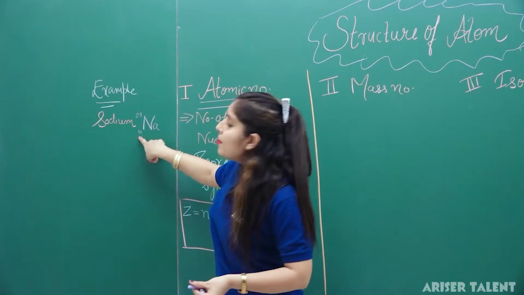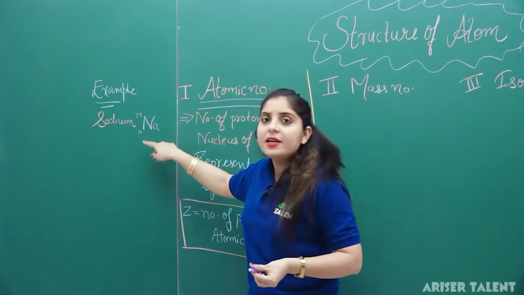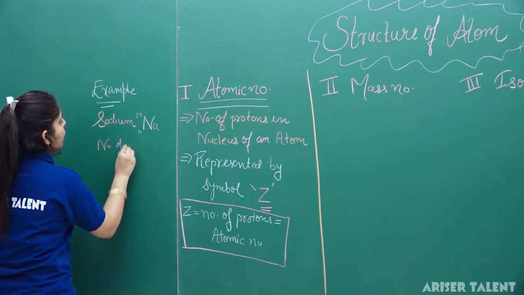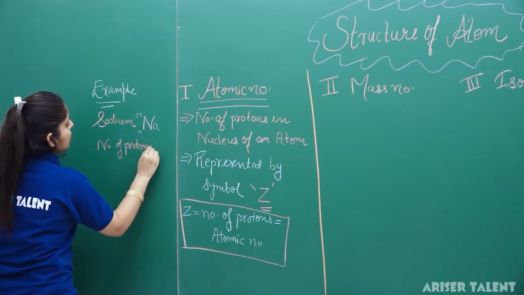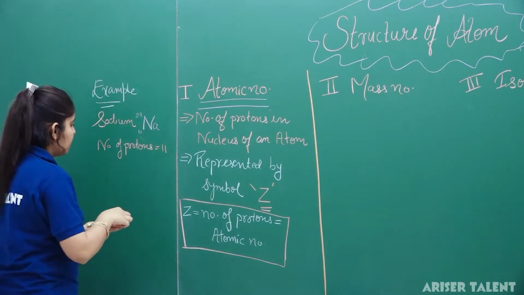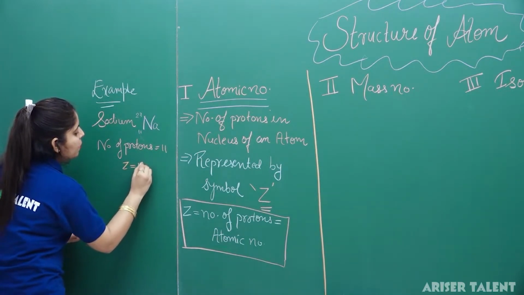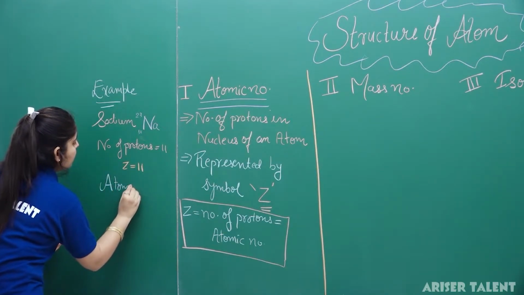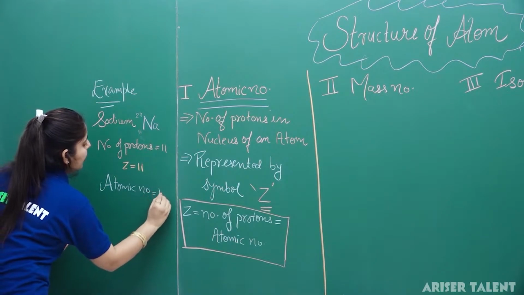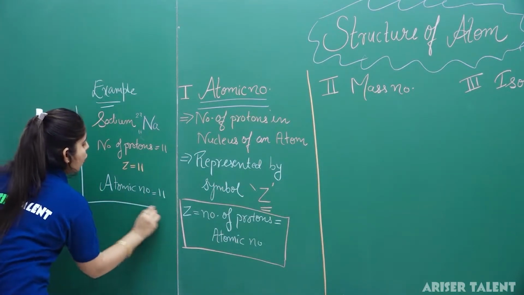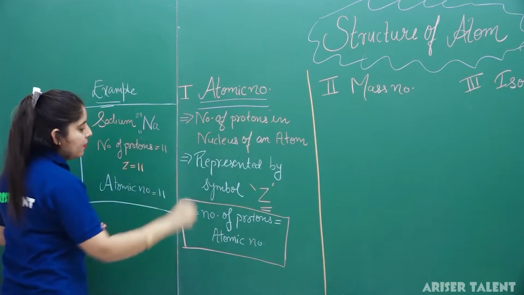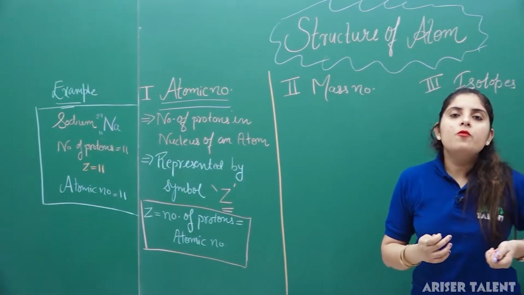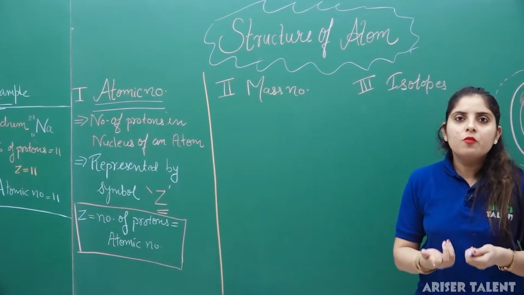The atomic number is the number of protons present in sodium. So number of protons equals 11, Z equals 11, and finally atomic number equals 11. This is all about the atomic number of an element, which we have to remember from approximately 1 to 40 from the exam point of view or for solving numericals.